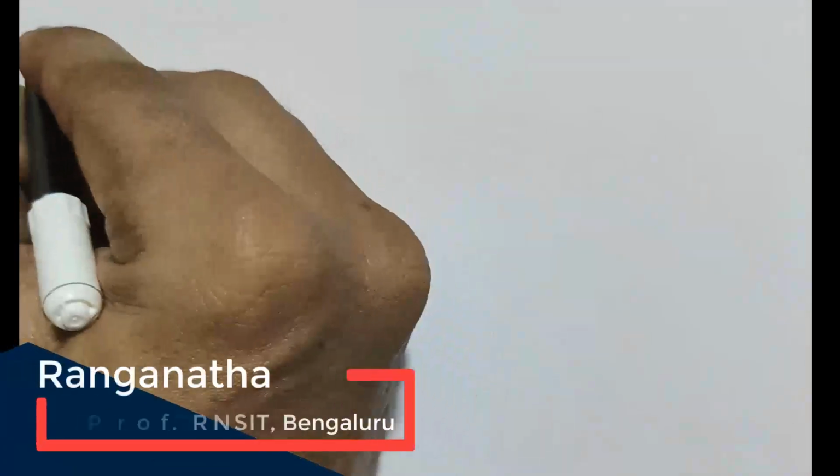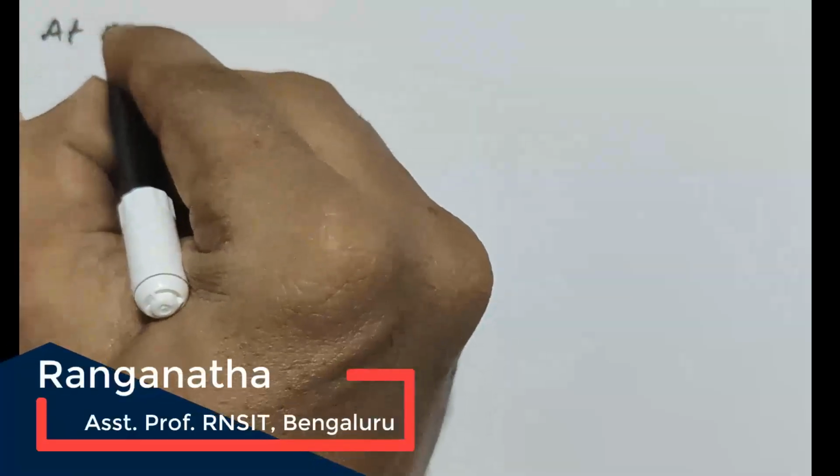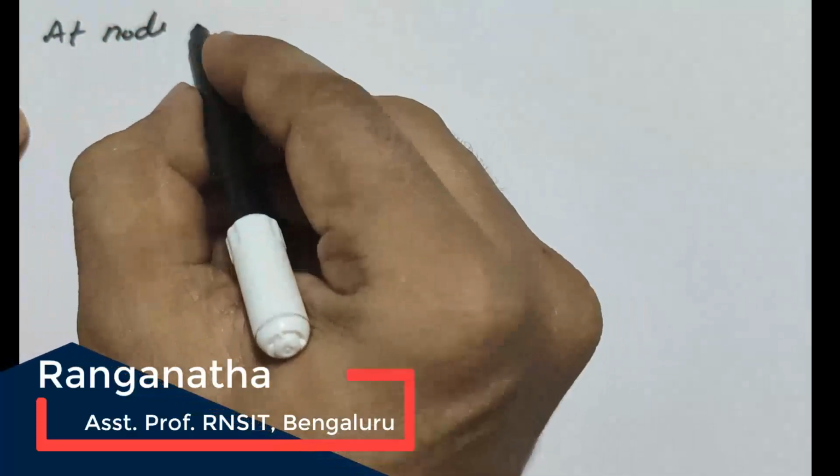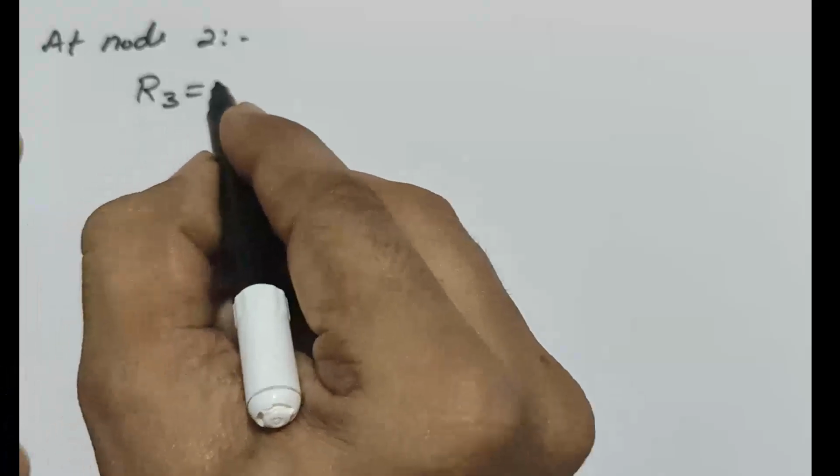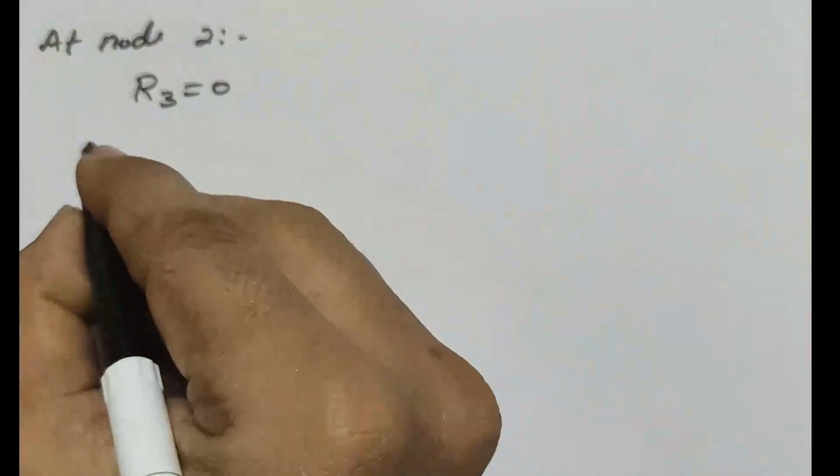Next, support reaction at node number 2. At node 2, R3 is 0, because node number 2 can move in x direction. Therefore, no reaction in x direction, and R3 is 0. Next, we need R4.